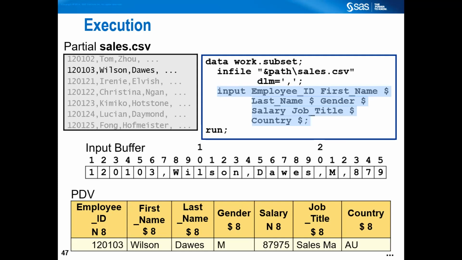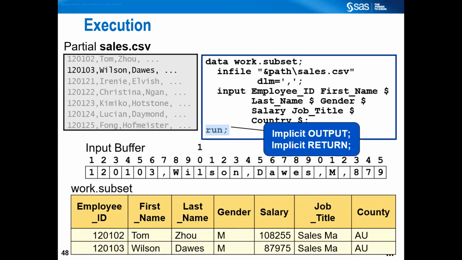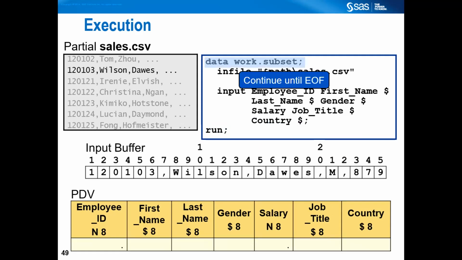Again, when it encounters run, the role is implicit output and implicit return, where the current content of the PDV is immediately written to your SAS data set as a data portion. And again, the trigger is sent back to SAS that it has to process the data step again. This process of data iterations or data cycles will continue until end of file.